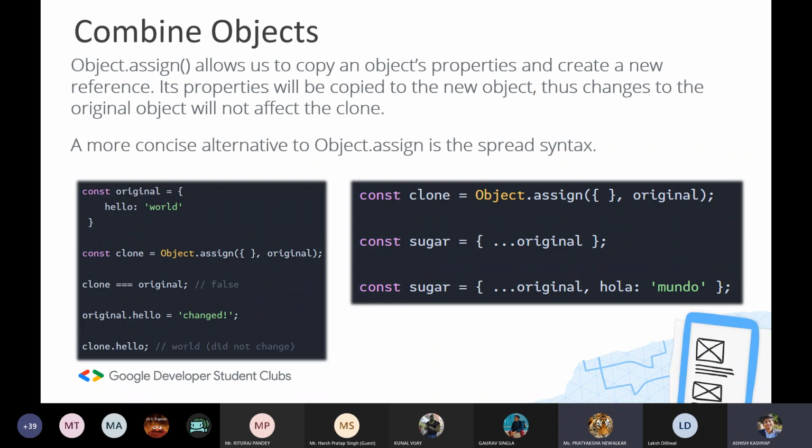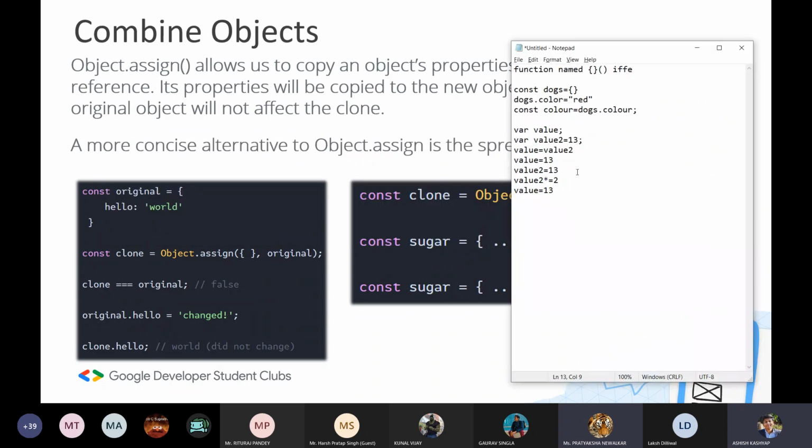For example, if I have const obj1 and const obj2, and I have to create a new object from the two of them, what I could do is spread obj1 and spread obj2, right? So it's a pretty easy way to combine those two objects.